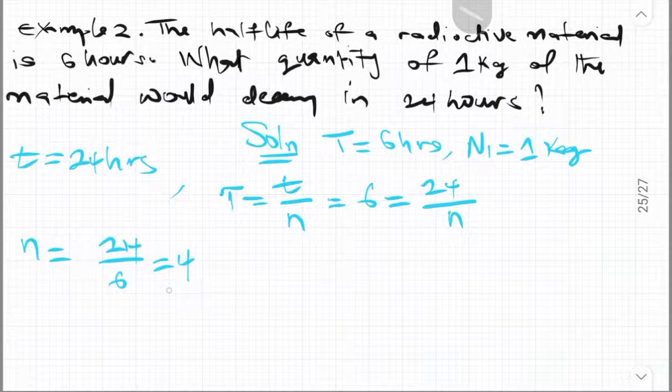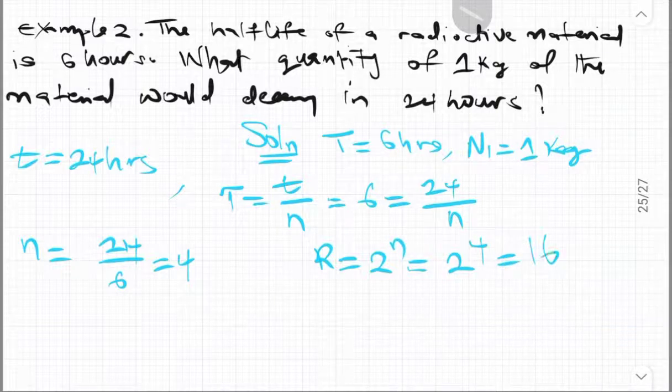And from those formulas we said R is equal to 2 to the nth power. So R will be 2 to the 4th power, which is 16. So we said R is actually N1 over N2, which is 16.